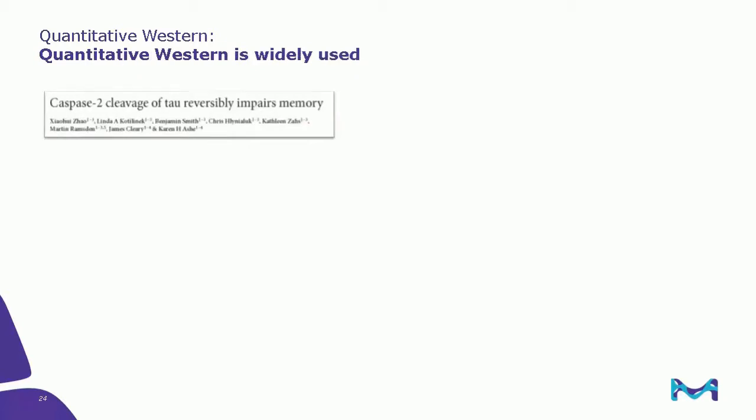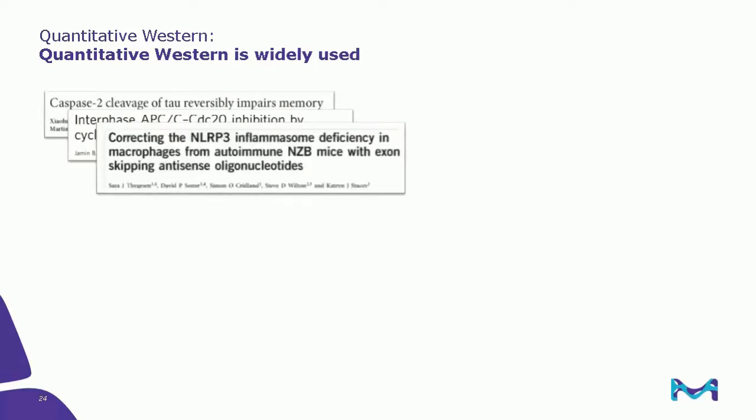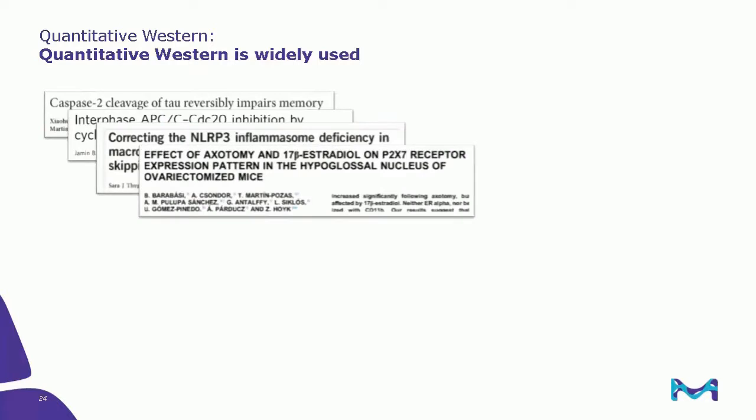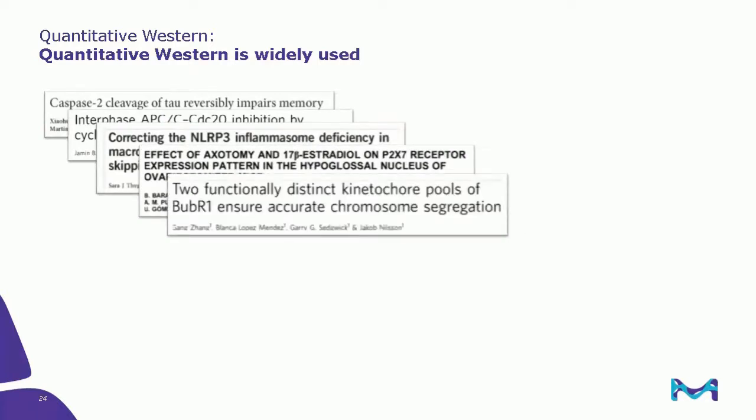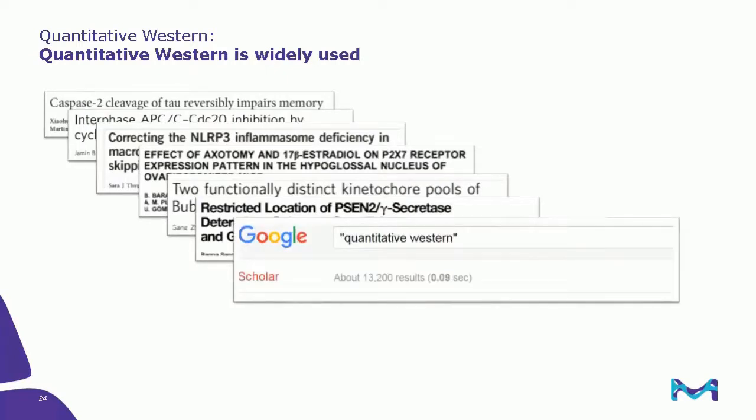Let me demonstrate. Before this talk, I did a brief search using Google Scholar, and it was very clear that the quantitative Western is widely used in multiple disciplines. Overall, my search results using a quantitative Western in quotation marks resulted in greater than 13,000 publications using Google Scholar. Before moving into greater detail, let's think about how we often go about doing quantitative Western.